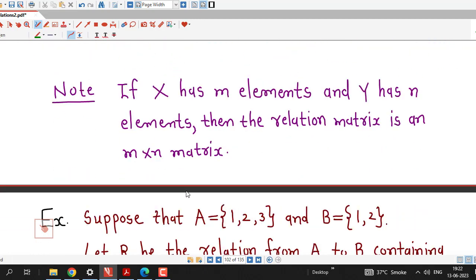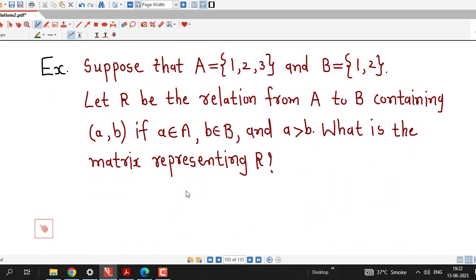So I have taken another example also. Suppose I have a relation from set A having 3 elements to set B having 2 elements, and the relation is defined in this way.